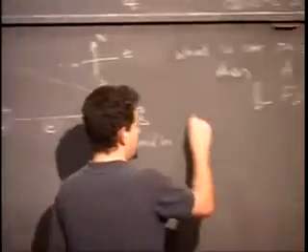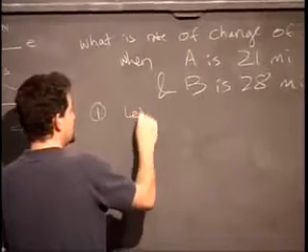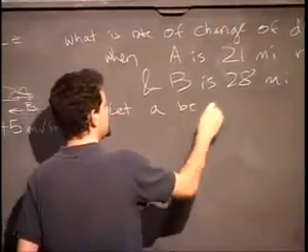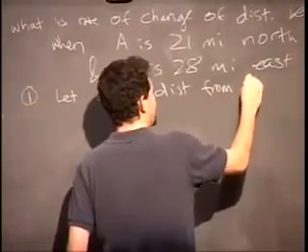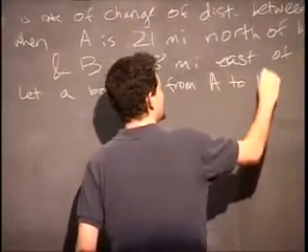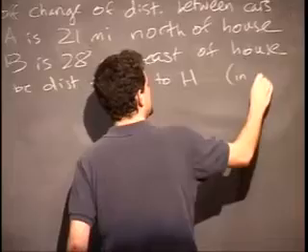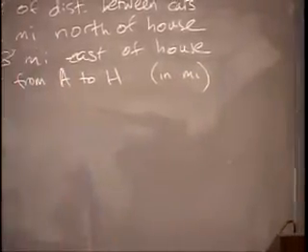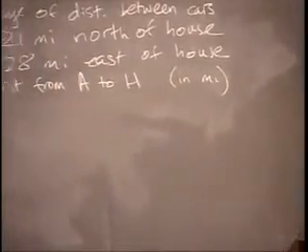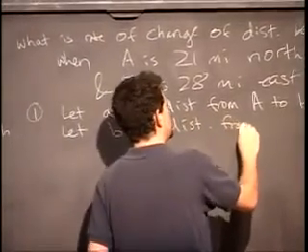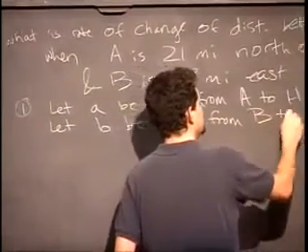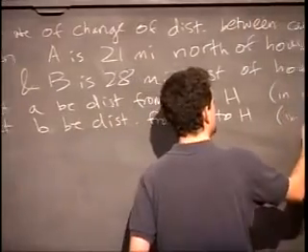So step 1 is going to be: let A be the distance from car A to the house, H, in miles, and let B be the distance from B to the house in miles.